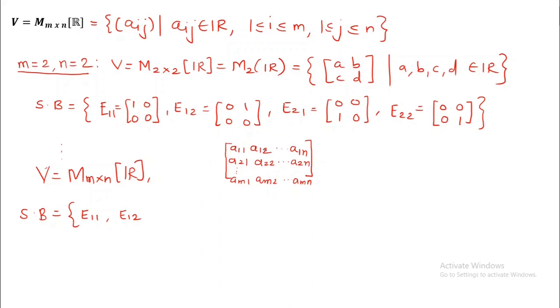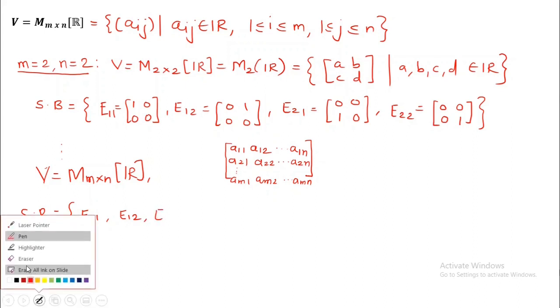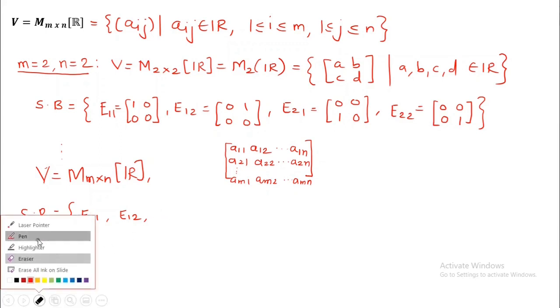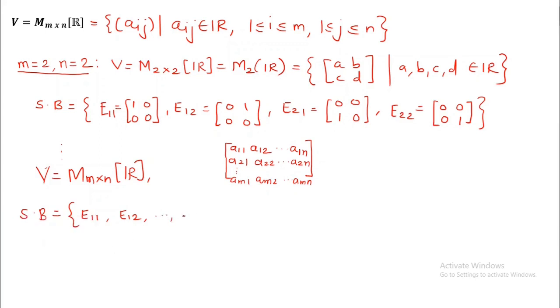So corresponding to each element over here, you will get one basis element actually. So E11, next is E12, so next will be what? You will continue in this way. Actually next will be E13, and you will continue in this way. So you will have E1n.